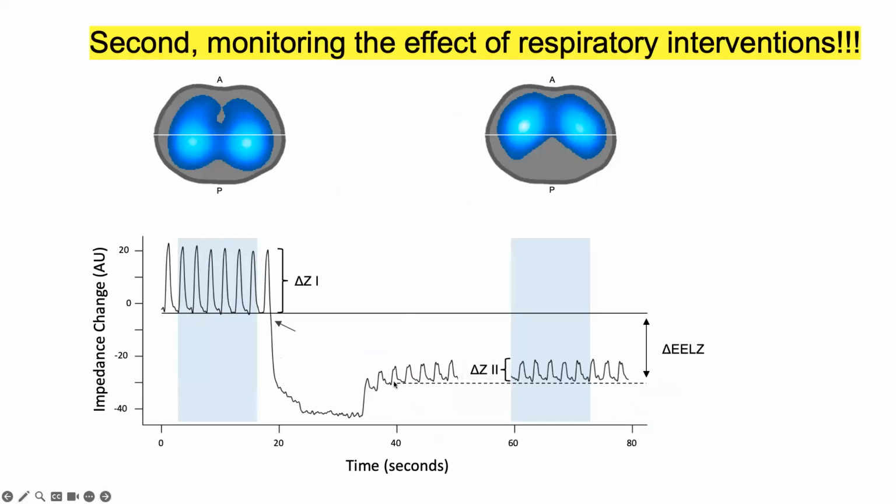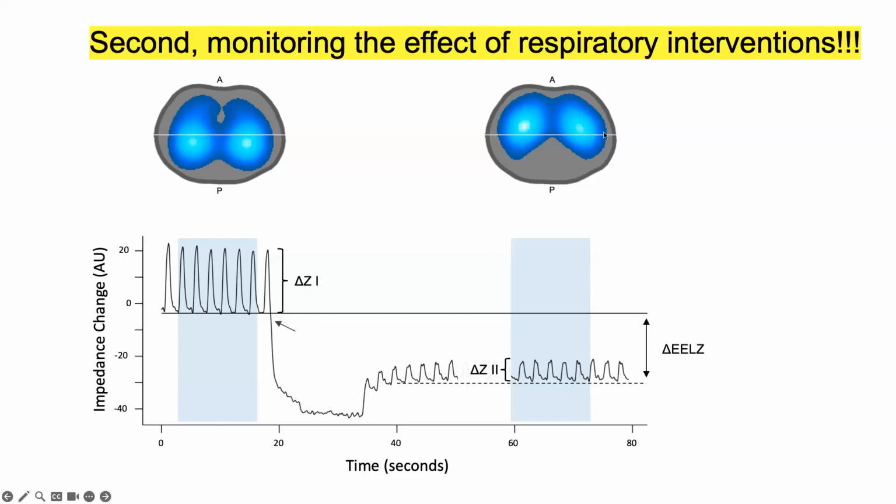And once the ventilator was reconnected, we can see that the end-expiratory lung volume is still far from what it was before. And the tidal change that is correlated with tidal volume is almost half of what it was before. So in this case, at the bedside, in a short period, we can see that something is wrong.